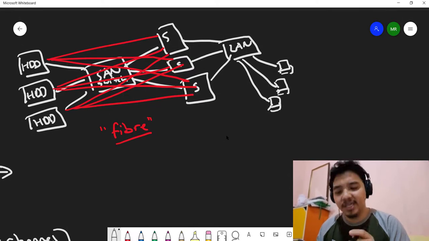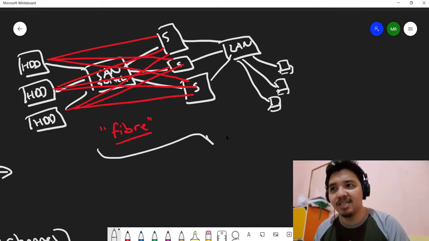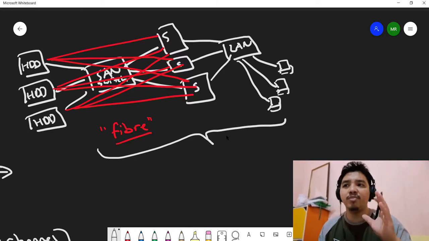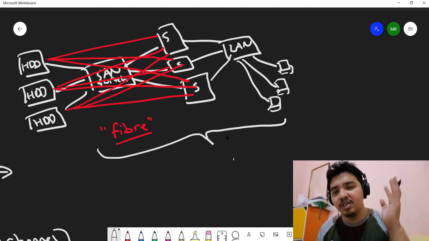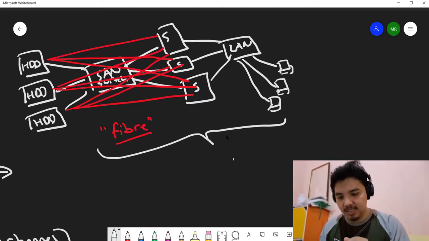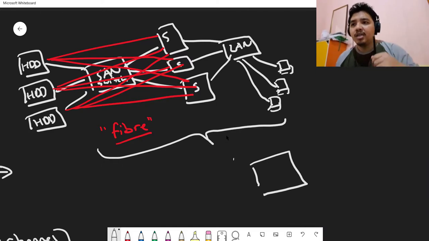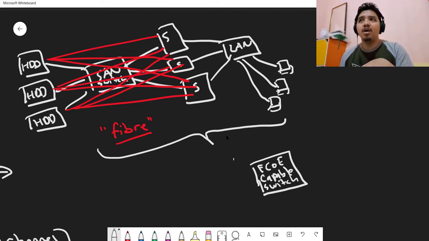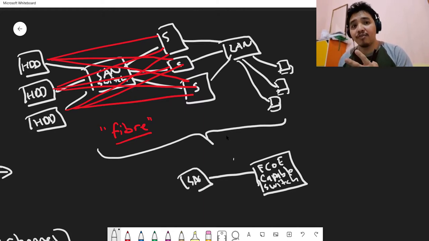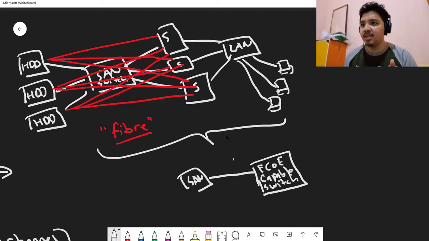So how can we simplify this design? We use something called an FCoE capable switch, Fibre Channel over Ethernet capable switch, just like this. The FCoE capable switch, like the CloudEngine from Huawei, QFX from Juniper or Nexus from Cisco, has the capability of delivering two different worlds of traffic, the SAN traffic and the LAN traffic.